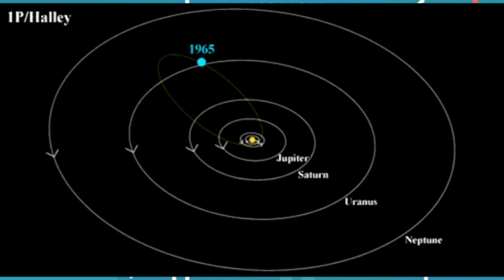Astronomers classify comets based on the duration of their orbits around the sun. There are short-period comets that take 200 years or less to complete one orbit. An example is Halley's Comet that appears once every 76 years.